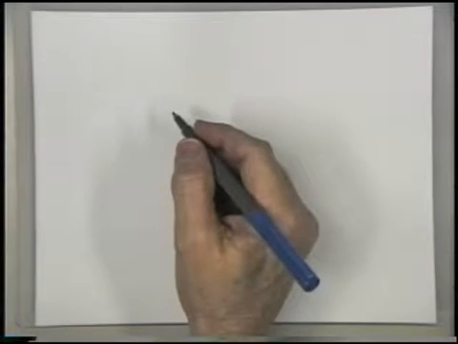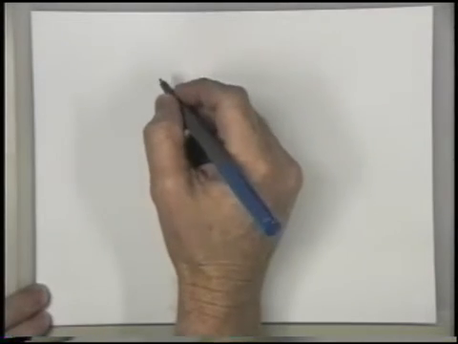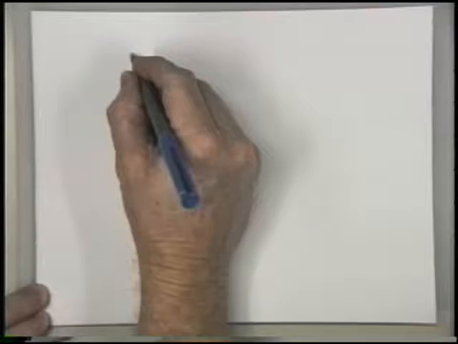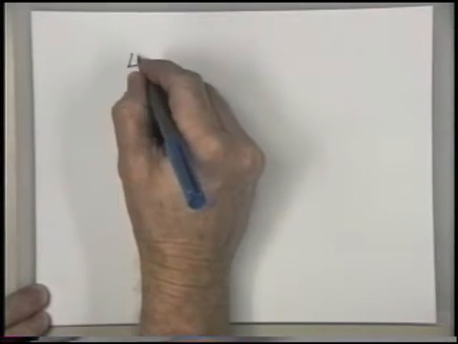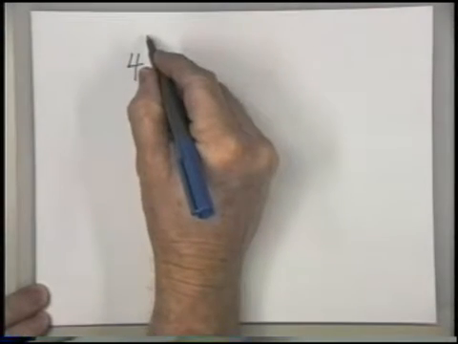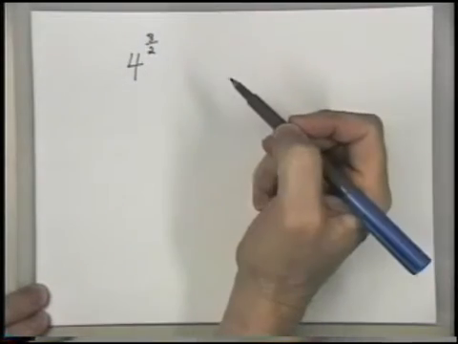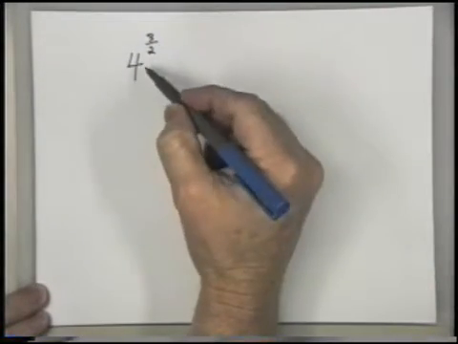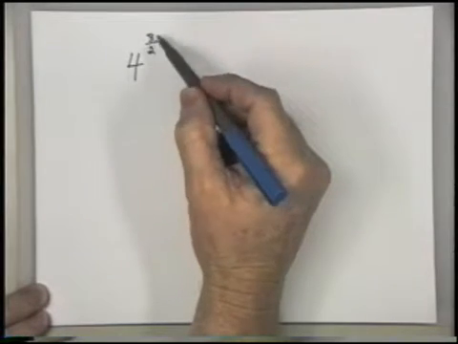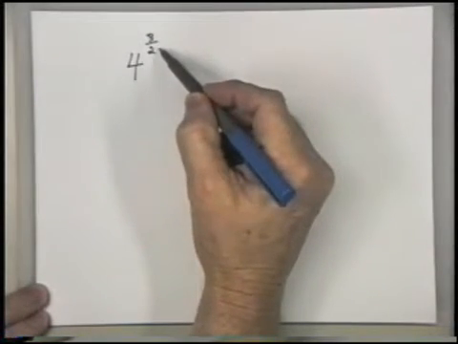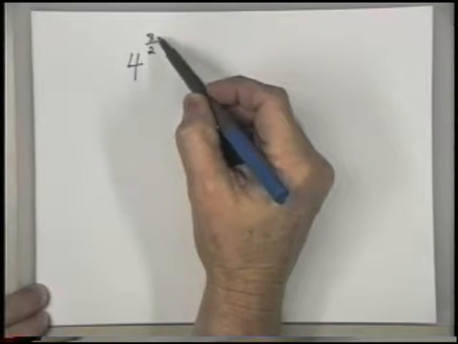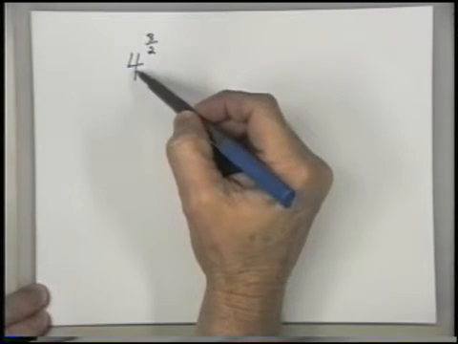Okay, so a rational power, for instance, we want this to have meaning: 4 raised to the 3/2 power. Notice how I said that. 4 raised to the 3/2 power, or you could say the 3/2 power of 4.